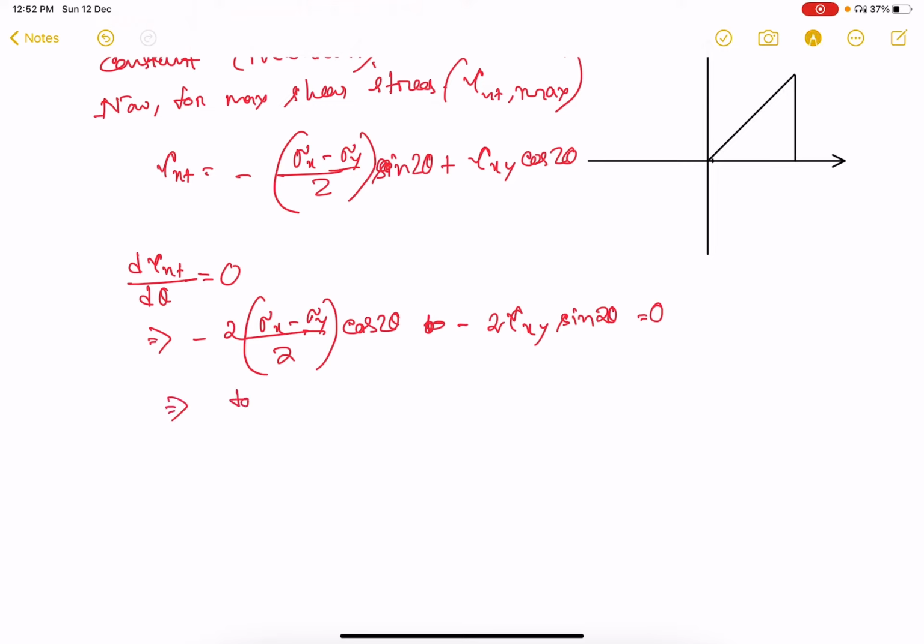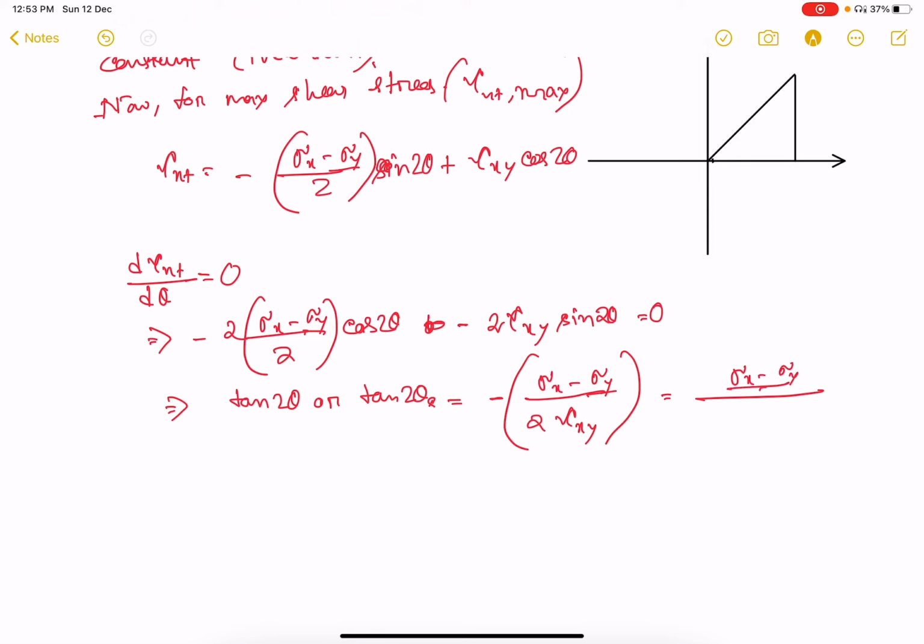Then we will get tan 2θs equal to (sigma x minus sigma y) divided by 2 tau xy.